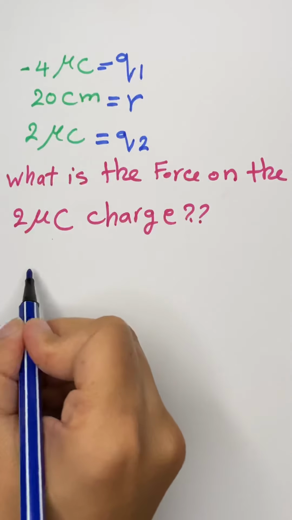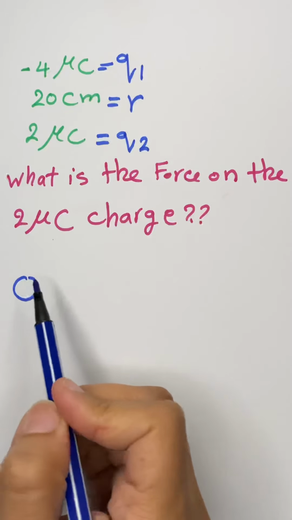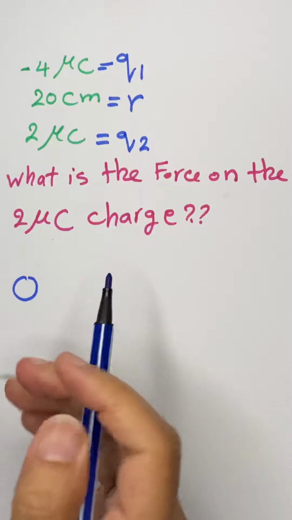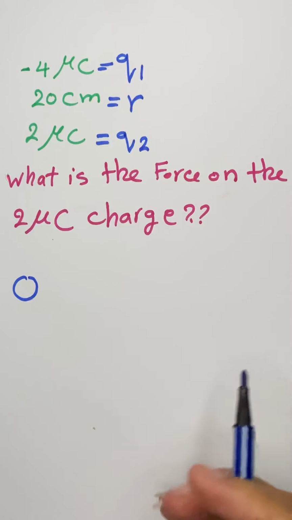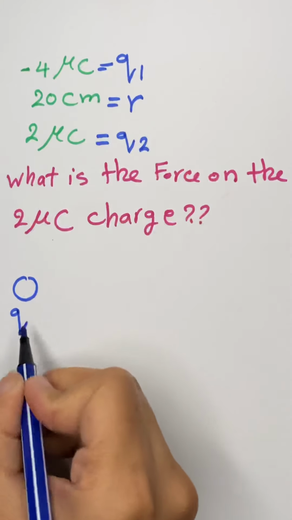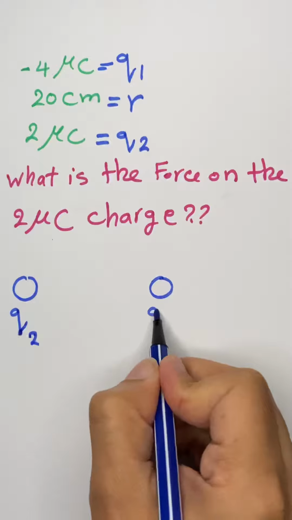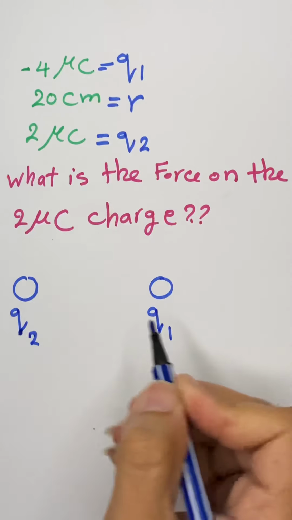It says that I have a charge that lies 20 centimeters to the right.